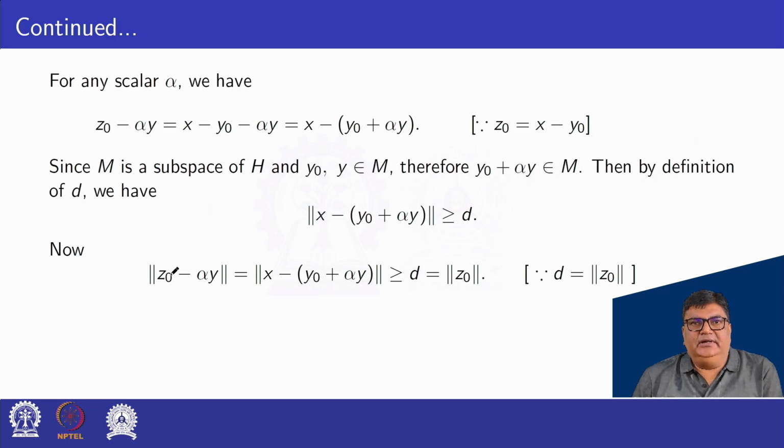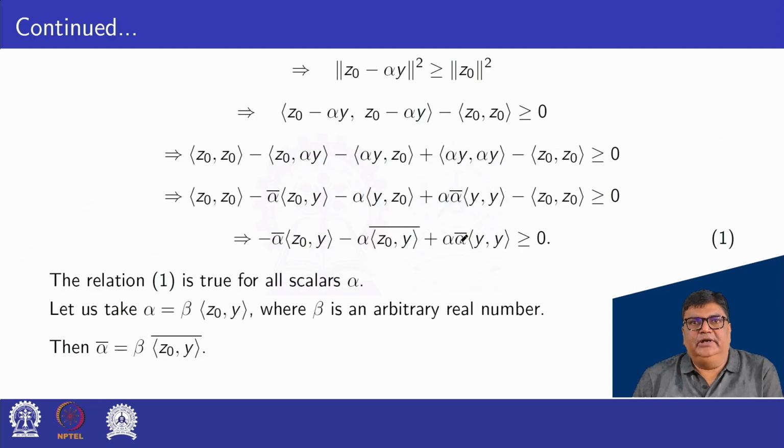This implies that this is greater than or equal to the norm of z0. Squaring both sides, we have the square of the norm of z0 minus alpha y is greater than or equal to the square of the norm of z0. So we know that the norm of x squared is equal to the inner product of x, x.